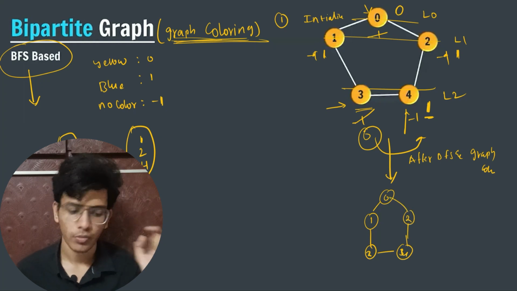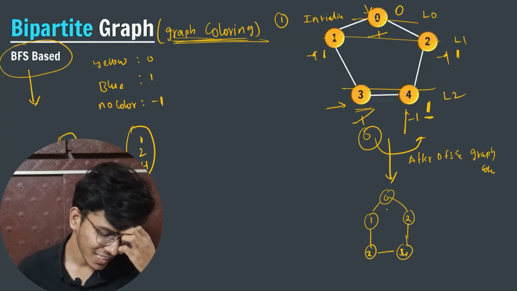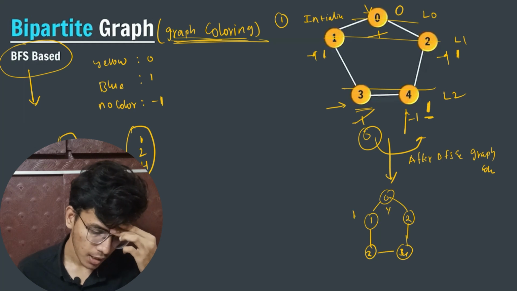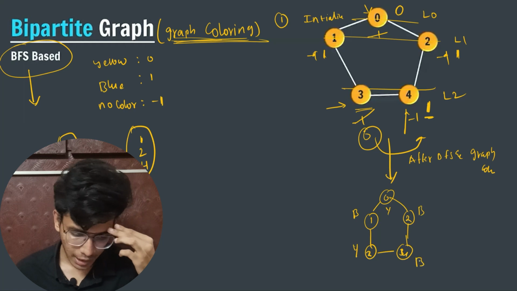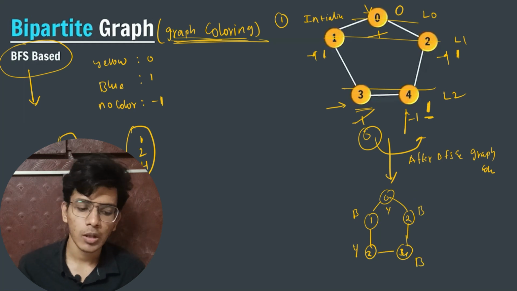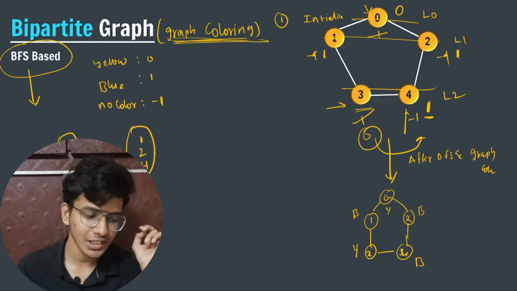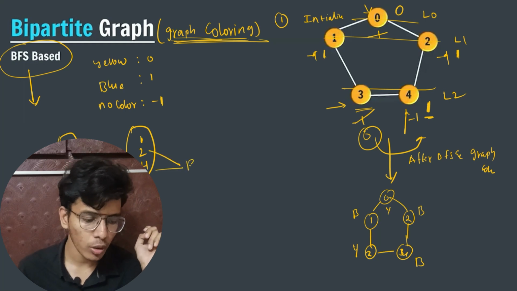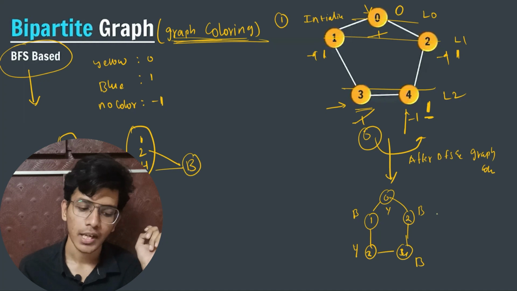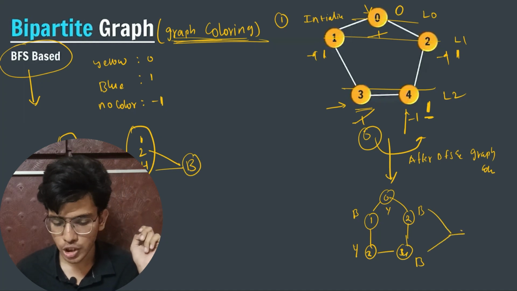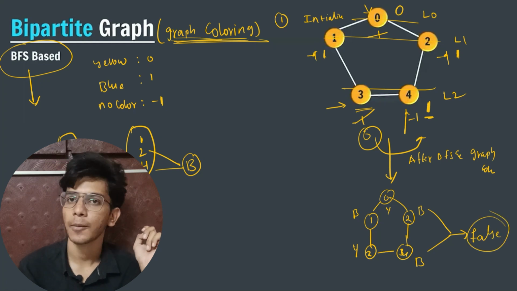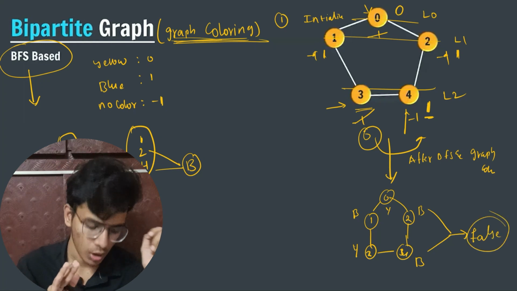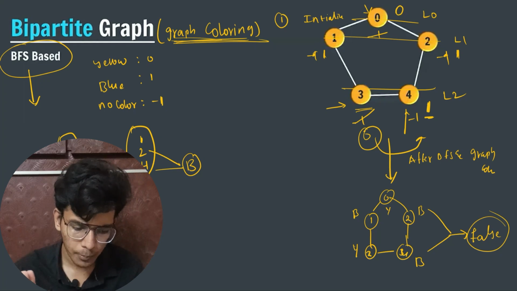Now you can see that 0 is having yellow color, 1 is having blue color. Now I will check whether the two adjacent nodes are having the same color or not. You can see that 2 and 4 are having the same color, blue. If I am reaching this condition, then I will immediately return false in my program. This is what I am gonna do. I hope you have understood the overall approach.